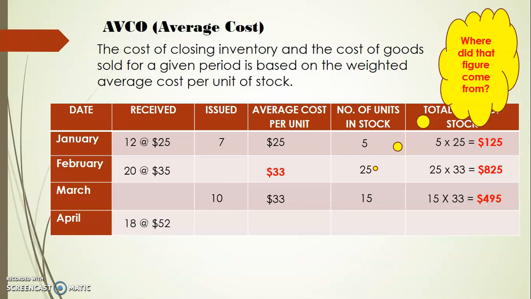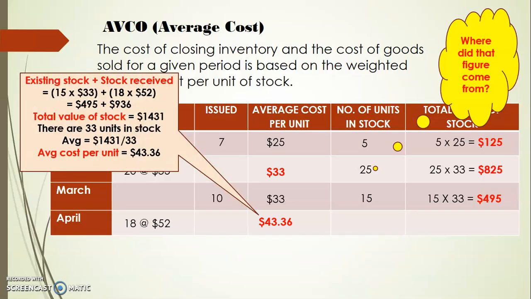In April, we received 18 reams of paper at $52. So our average cost per unit is worked out to be $43.36. Do you remember how we worked out the average cost per unit for the month of February? Think about it and see if you remember.